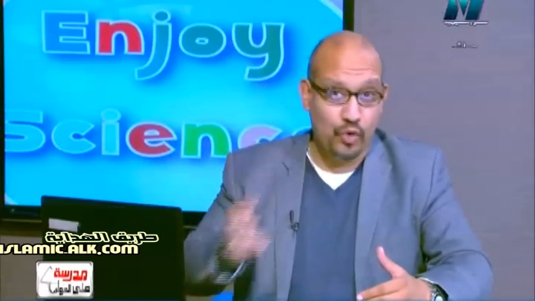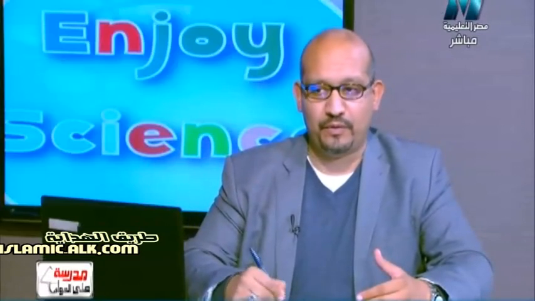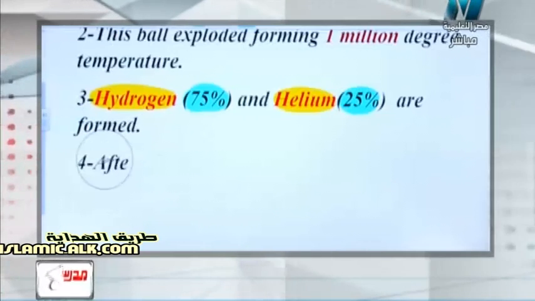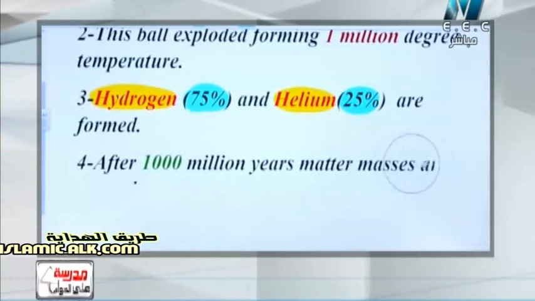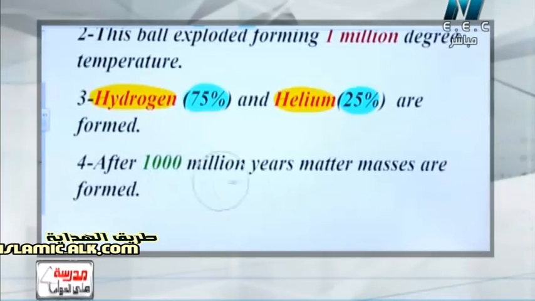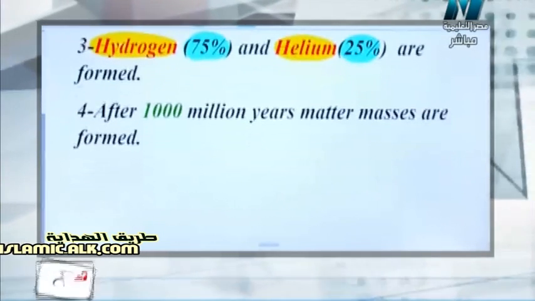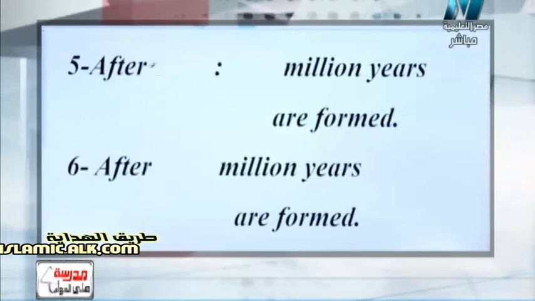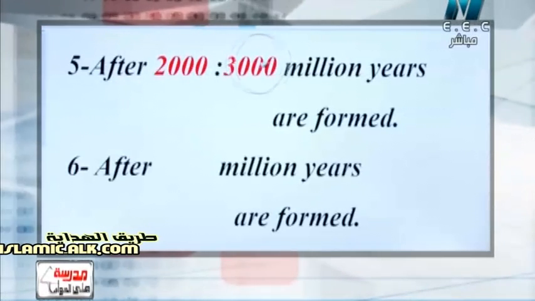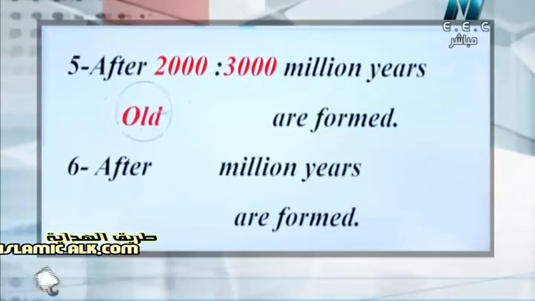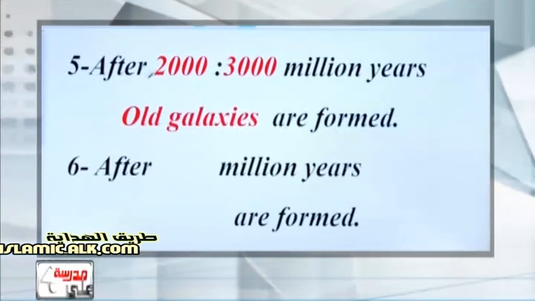Then number 4. After 1,000 million years, matter masses are formed. After 1,000 million years, matter itself started to form. Then after 2,000 to 3,000 million years, the old galaxies are formed.